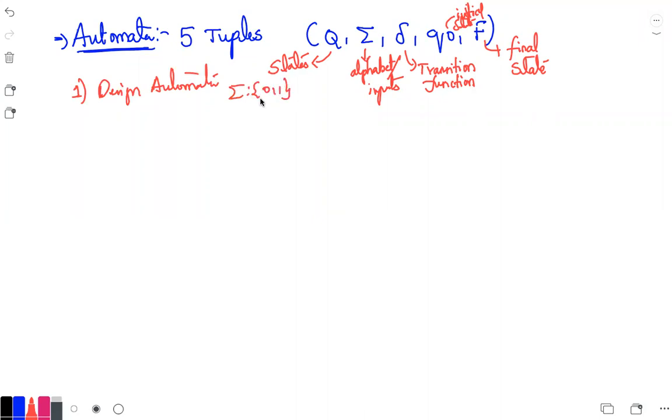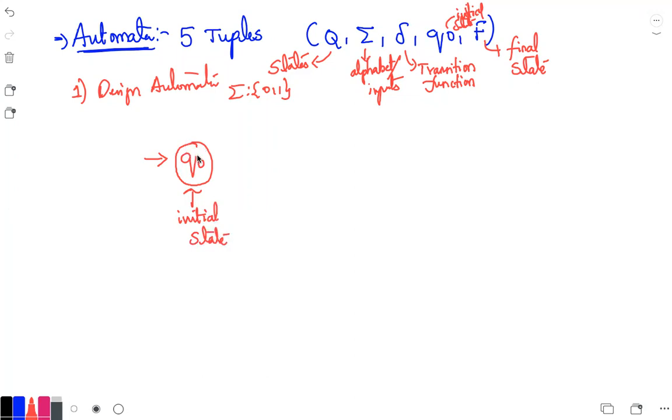Now, how to design a machine like this? As I told you, it should follow these 5 categories. While you are designing any automata, first start with an arrow. Then Q naught, because in the automata notation, Q stands for states. The small Q naught is the initial state, always, for any automata.